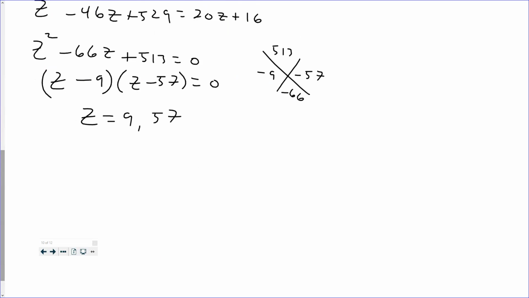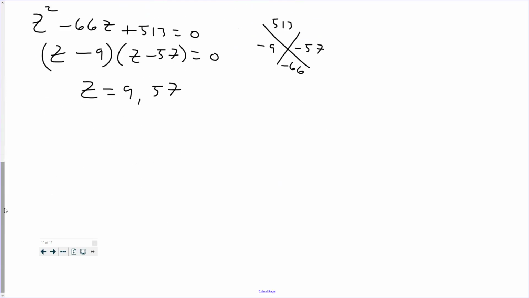We're not sure. It could equal both. We don't know. All right. So we have our z values. What we're going to do is plug them back into the original equation to see which one works.